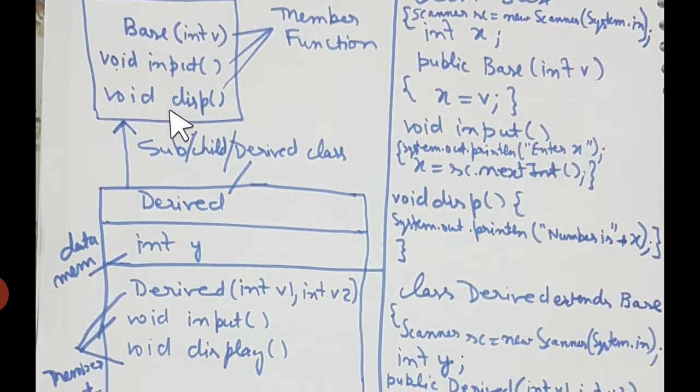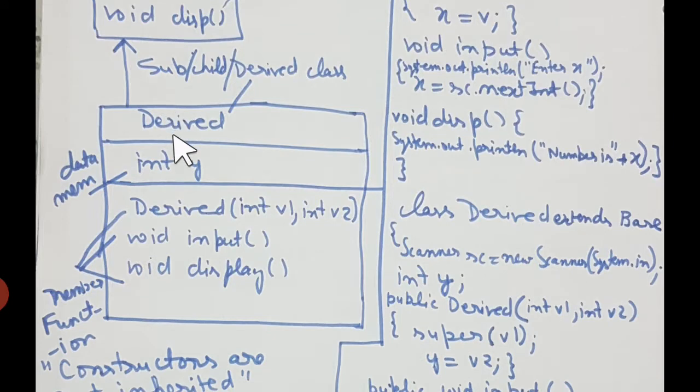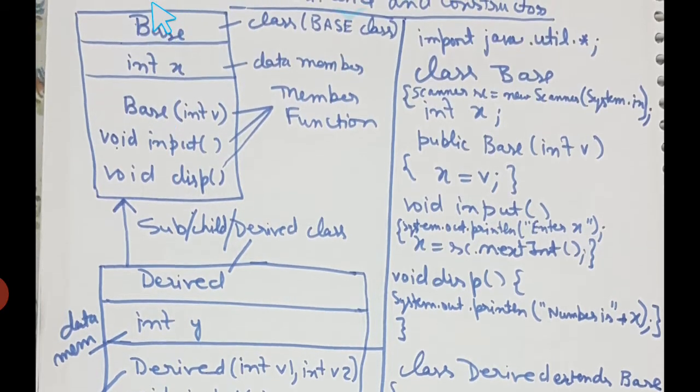All right. Now we look at the derived class details here. An int type y variable is here. This is a constructor of the subclass or the derived class, which has two parameters. Why two parameters? I'll clarify just now, because this contains y integer, and the base class also contains one integer that is named x.